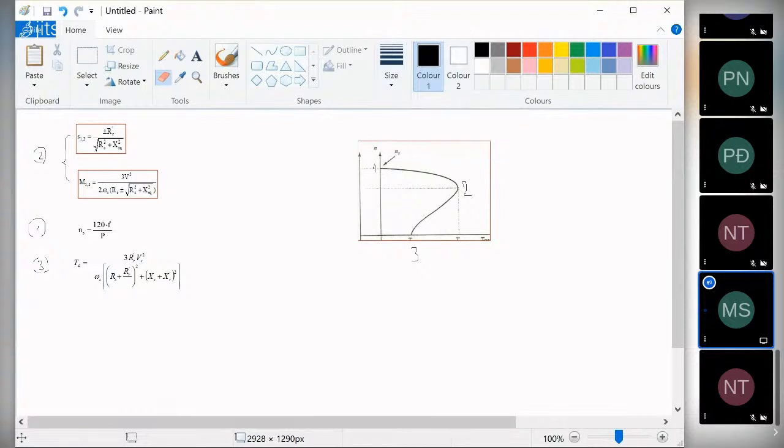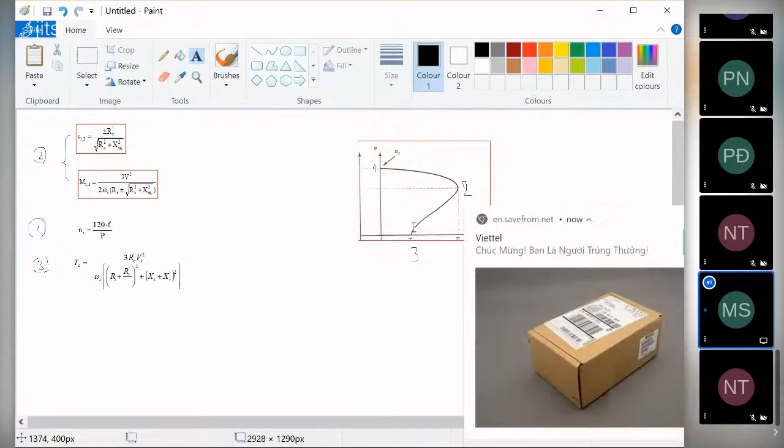The first one, I would like to consider the speed control method when you change the voltage supply. For example, in this case, you reduce the voltage supply. Okay, this is the natural response. When you reduce the voltage supply, help me to find out the artificial response in this case. Do you understand what I mean?